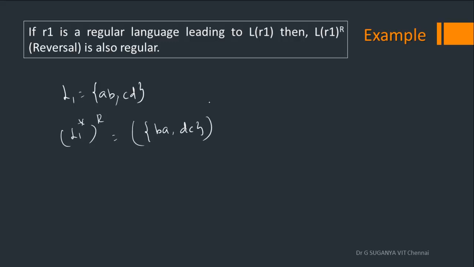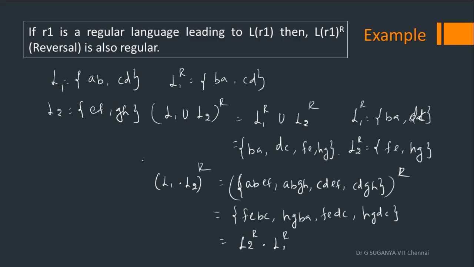For this, we have to apply the Kleene closure operation. So it will result in epsilon, then BA, DC, and so on. This is the Kleene closure operation, which means first you take the reversal and then you apply the star. Now these are the 3 basic operations over which you can apply reversal.